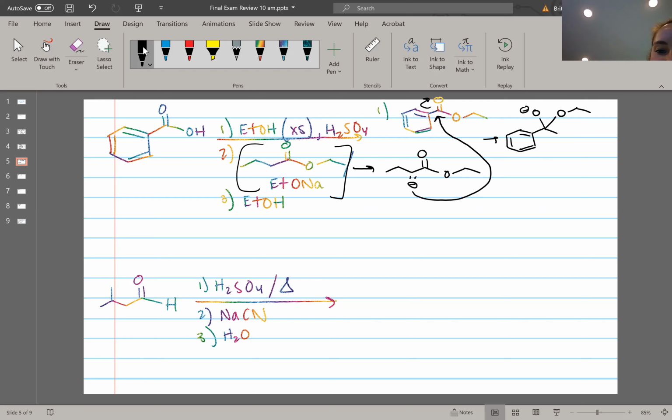So we added to the carbonyl carbon of the original ester. And this carbon right here is our enolate carbon. So we want to make sure that all the right stuff is hanging off of it. So we should have our ester, and then we should also have 1, 2 more carbons. So this is our intermediate structure. What's going to happen from here?